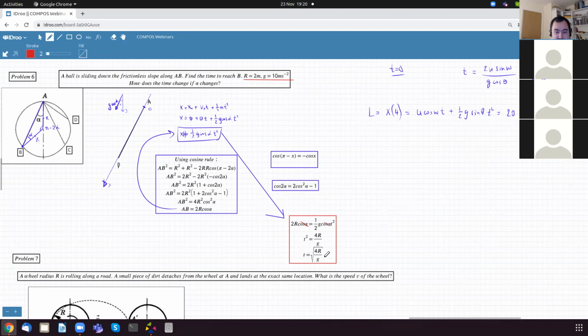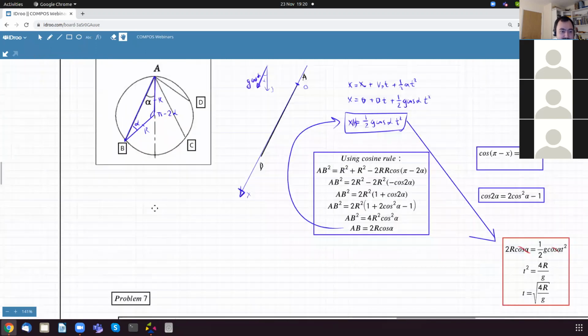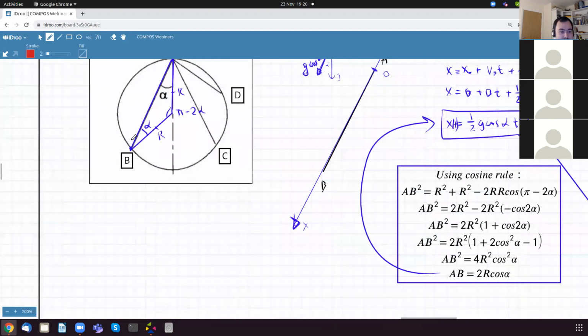And okay, so t does not depend on alpha. And we can double check that. Let's say it's falling along AE. Now it's in free fall. It's not sliding, it's falling along AE. Well, we have the distance, so we can use the suvat equation here.